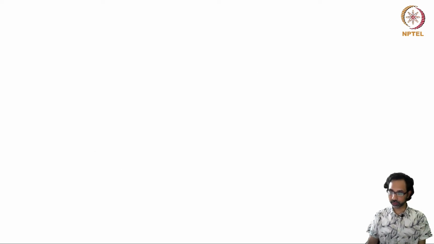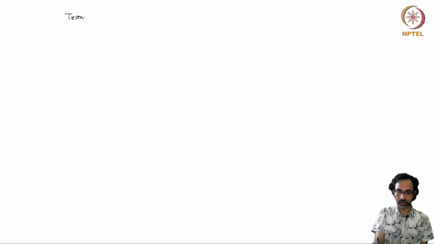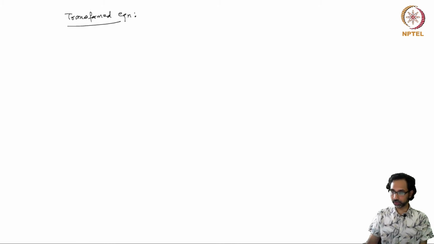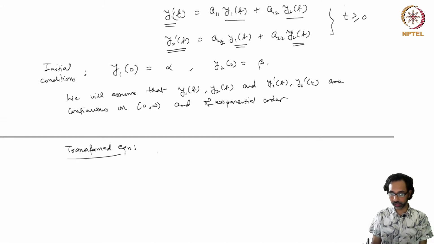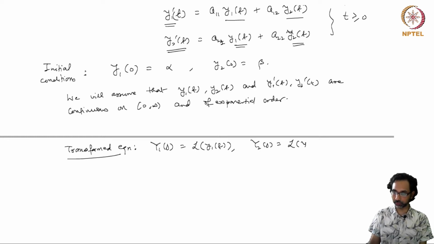So let's look at the transformed equation for this problem. We take the Laplace transform on both sides. Let me denote capital Y1(s) as the Laplace transform of y1(t), and Y2(s) as the Laplace transform of y2(t).